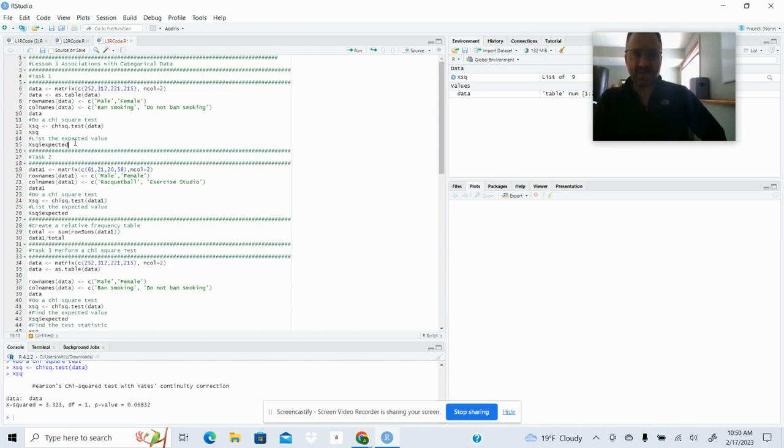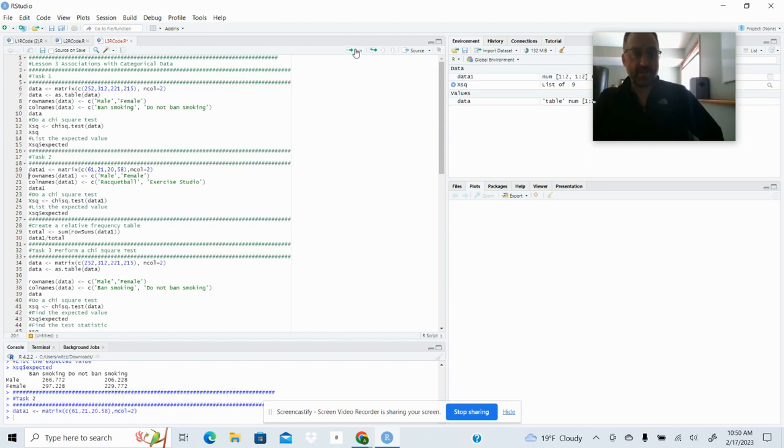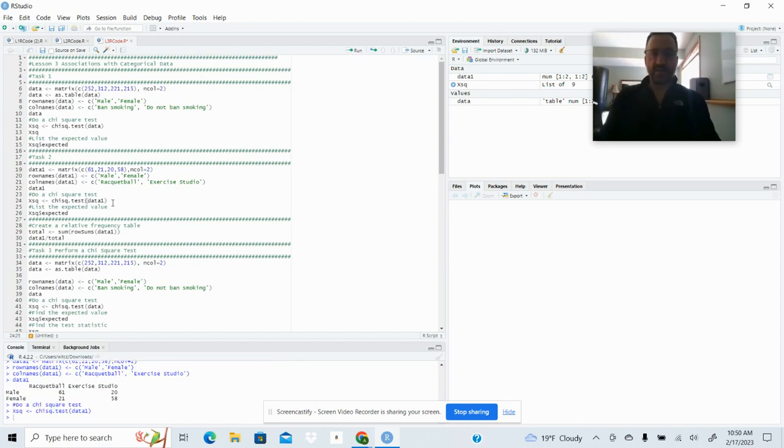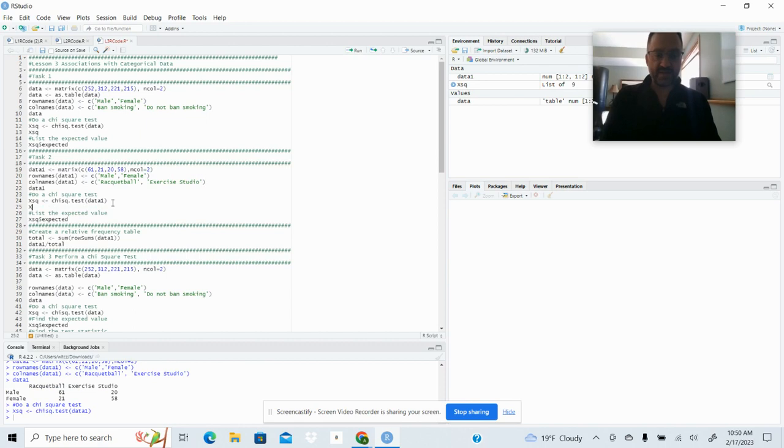And then this is actually really cool. You can find the expected table right here. So you can go chi-squared dollar sign expected, and it'll show you the expected value. So in looking at data 1, I can run that matrix in here for males and females that like racquetball. And then I can do a chi-square test. If I want to look at the value of that, I can do XSQ.